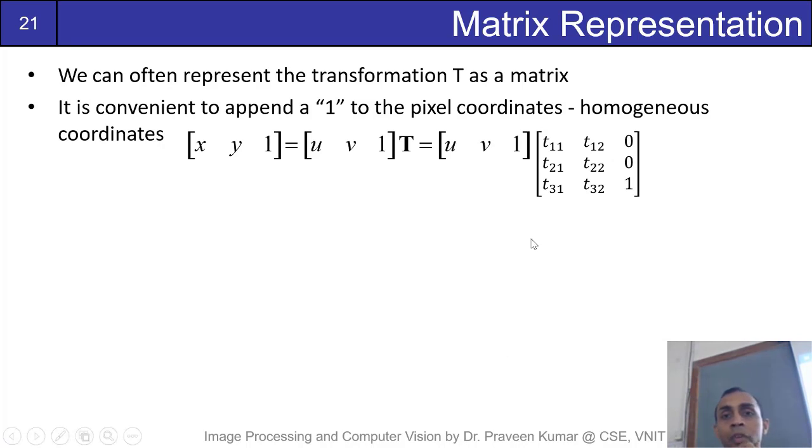So normally what we do, we represent T as a matrix, and we actually go for the homogeneous coordinate system. So have you heard about this homogeneous coordinate? If you have studied computer graphics, you would have studied it a lot, because almost all the computer graphics operations are done in the homogeneous coordinate system. If you have studied 3D geometry, you would have studied it too.